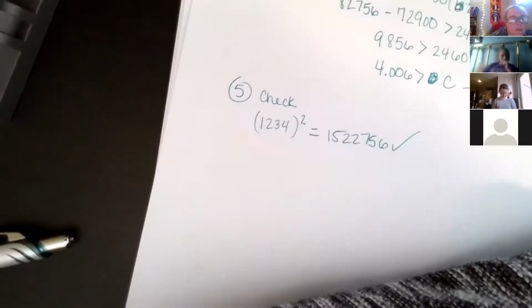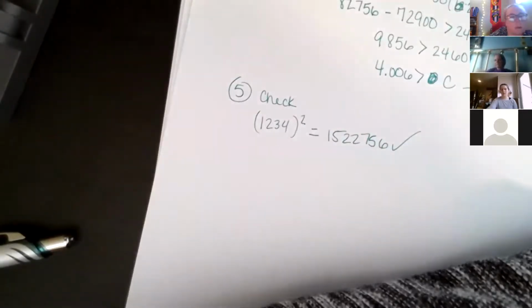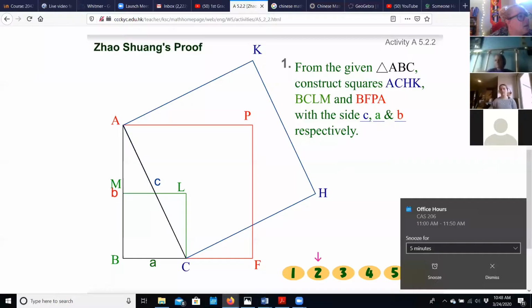So you start off with that triangle with the legs A and B, hypotenuse C, and then you construct a box here that has sides of length A, and then you also construct this box. Are y'all seeing what I'm seeing? No. Oh, the share hung up. Sorry. There you go.